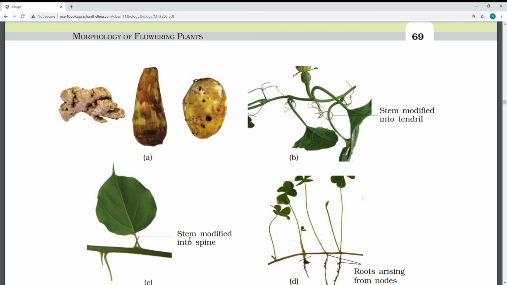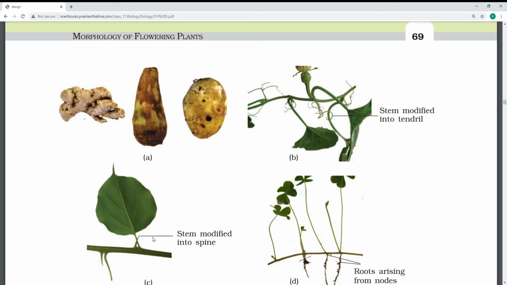Next one is thorns, nothing but spines. The axillary bud of stems gets modified into woody, straight, pointed thorns, as in citrus. You can remember the lemon tree or the bougainvillea. This is the bougainvillea, you can see the spine portion.